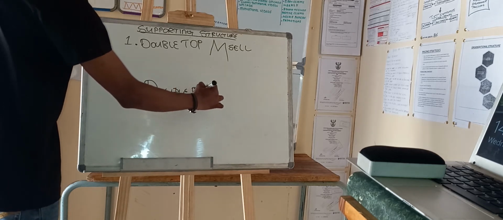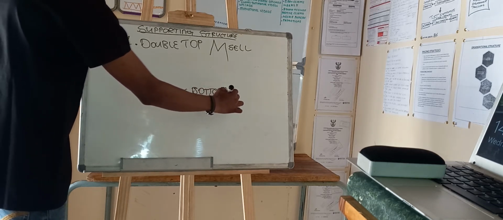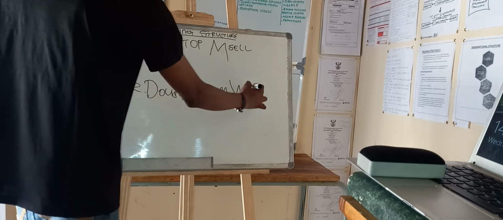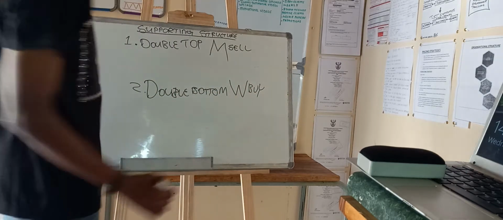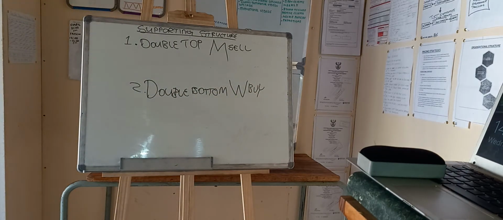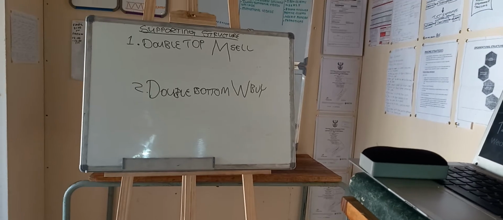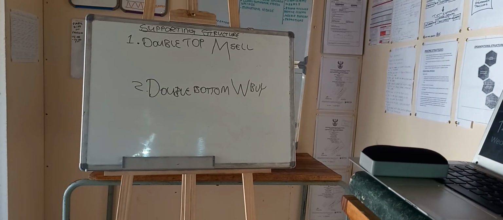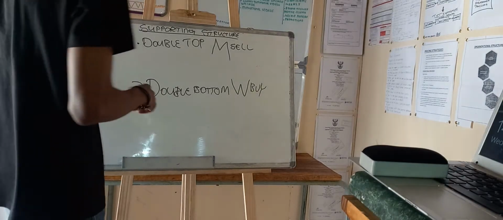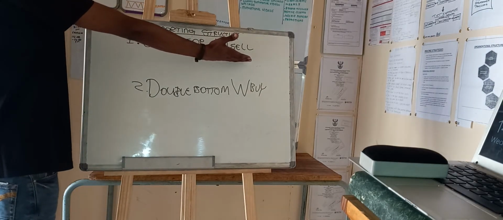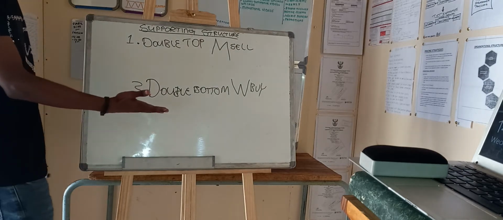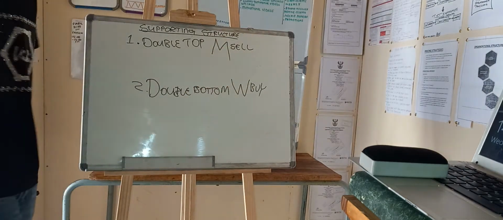Double bottom, that is where we expect the market to buy. The market must go bullish. Double top, we sell. Double bottom, we buy. Right?